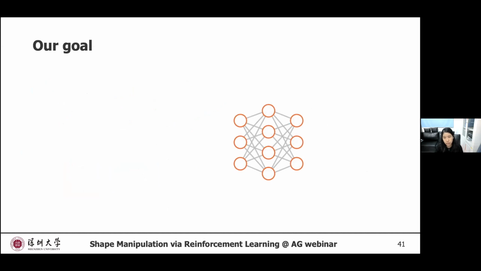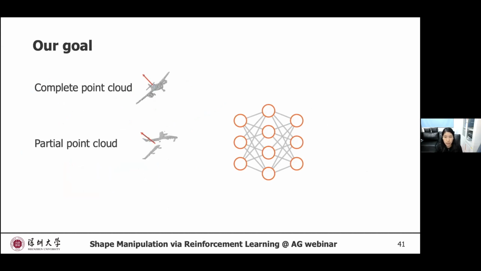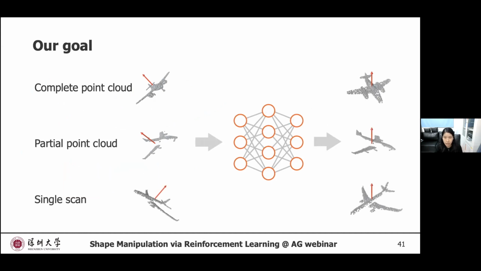So to solve those problems, our goal is to design a more versatile neural network, which can estimate the upright direction of the input shape, no matter if it is represented by a complete or partial point cloud, or even a single scan.